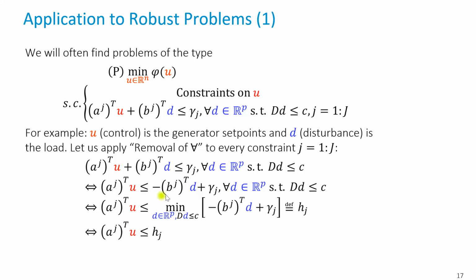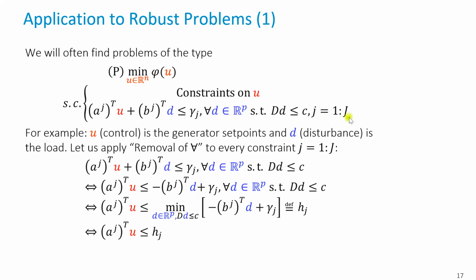So this must be true for all values of D. And this is equivalent to saying this is true for the minimum of the values of D. So that means I have to solve, for each of these inequalities here, one optimization problem, which consists in minimizing gamma minus BD, which is this term here. In this simple case, this is a linear problem, so it can easily be solved numerically by MATLAB or LPsolve, whatever. I call H the optimal value. For every J, there is a different one.